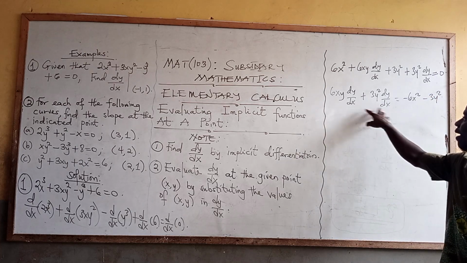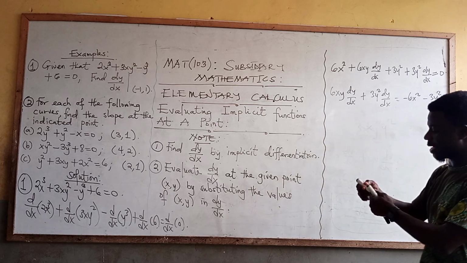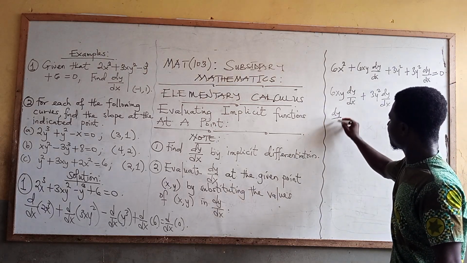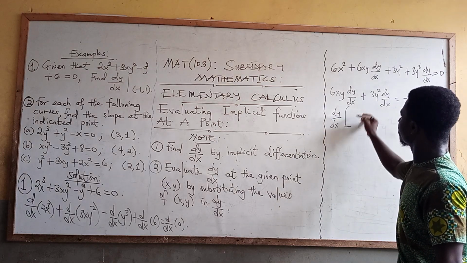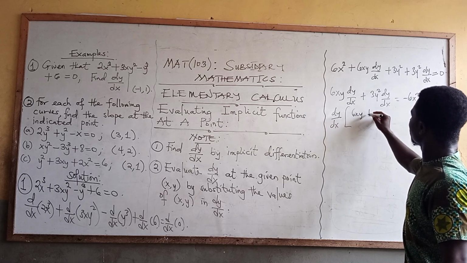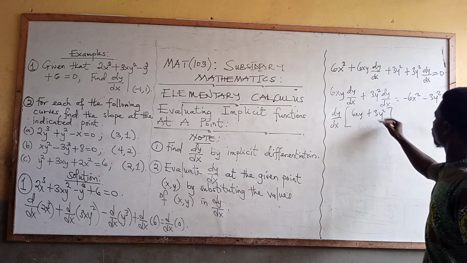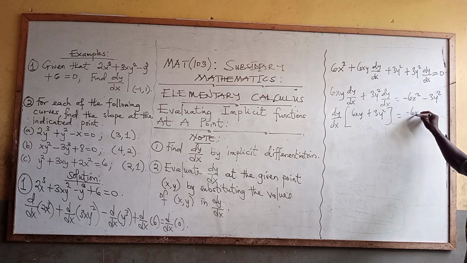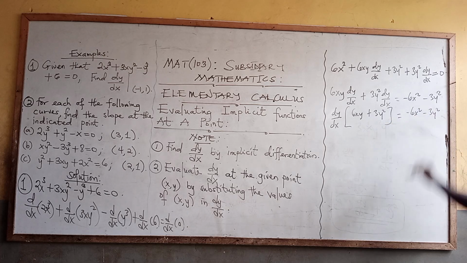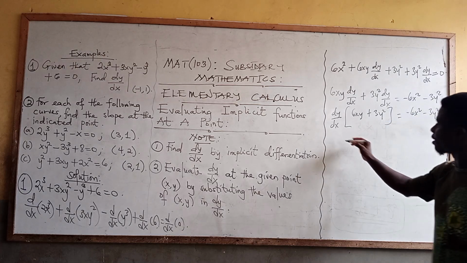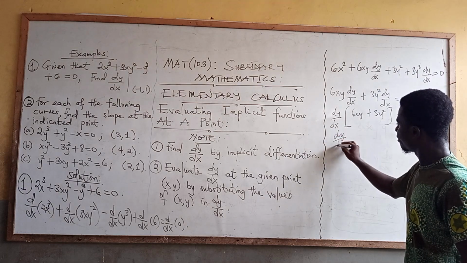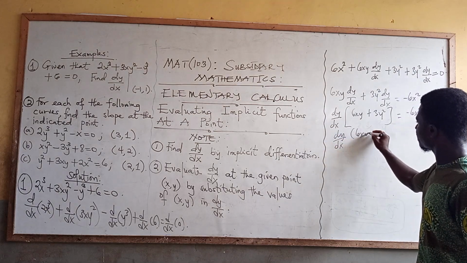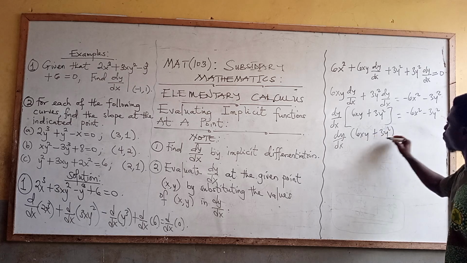Then we have to factorize dy/dx out. So we get (6xy plus 3y squared) dy/dx equals minus 6x squared minus 3y squared. Then we divide both sides by 6xy plus 3y squared.